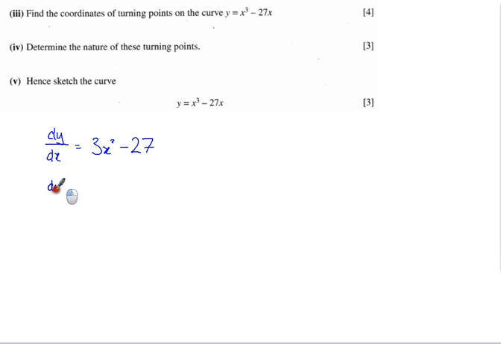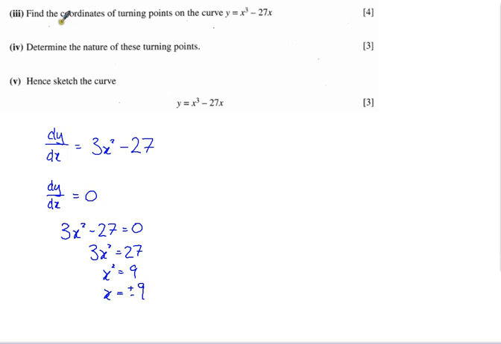In other words, dy by dx equals 0. So 3x squared minus 27 equals 0. 3x squared is 27. x squared is 9. And again, be careful, x equals plus or minus 3. And so we have two values for x.